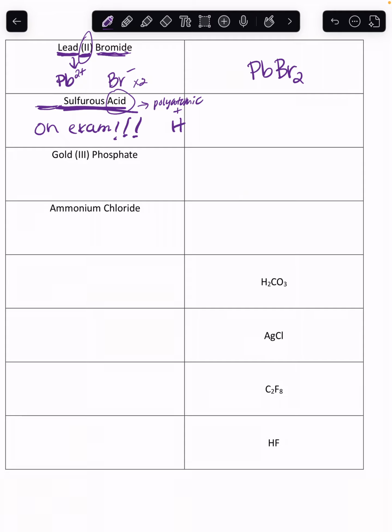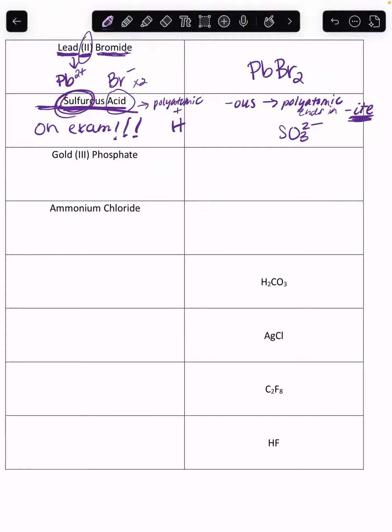If I break down the word, the ous ending means that my polyatomic ends in ite. So real quick, flip to that polyatomic sheet and look for something that ends in ite, whose main nonmetal is sulfur. I found sulfite, which is SO3 2-.